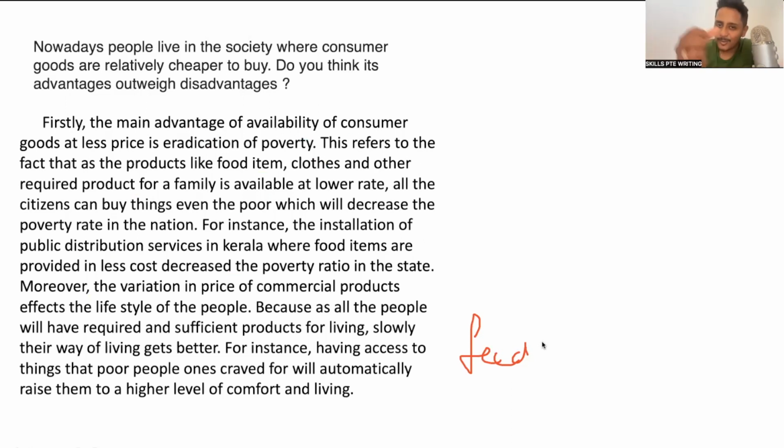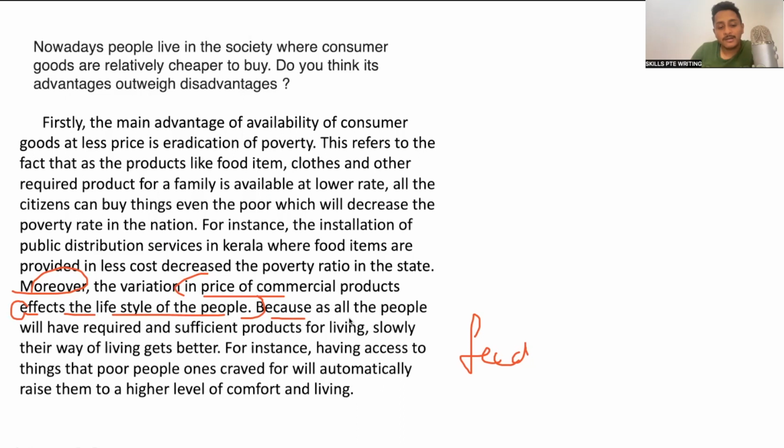She has a very good hold on the language. The way she has written is really amazing. The words chosen, sentences, sentence formation, everything is correct, but she is not ready to write more. Another idea came. The variation in price of commercial products affects, or impacts, the lifestyle of the people. Again, first line, main idea. How it affects?